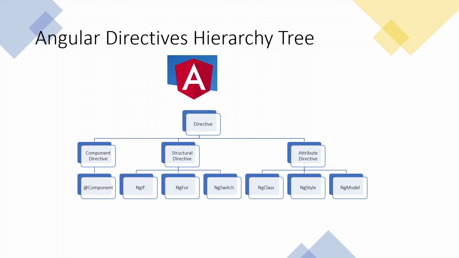So these ngClass, ngStyle, ngModel, these three are used to manipulate the stylings and behavior of the HTML DOM element. Okay, so that's all about the hierarchy of the directive. In the upcoming video, we will see the structural directives ngIf, ngFor, ngSwitch one by one.